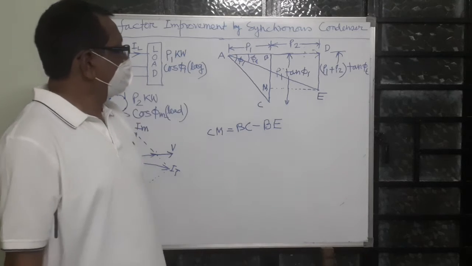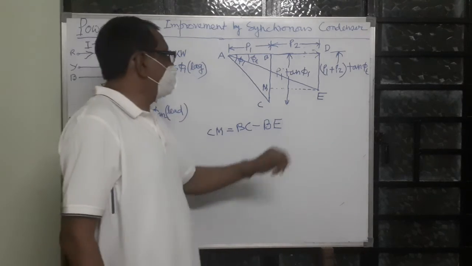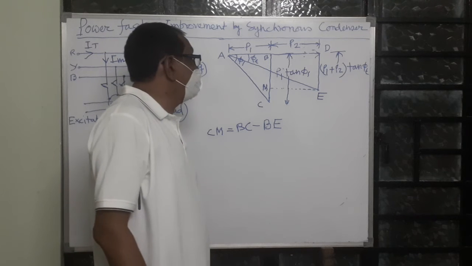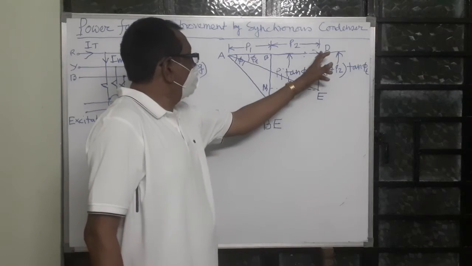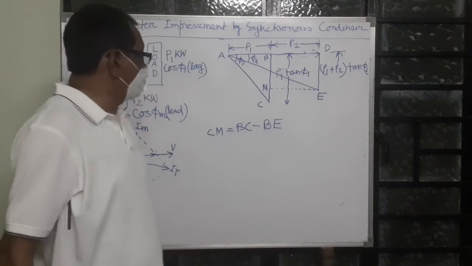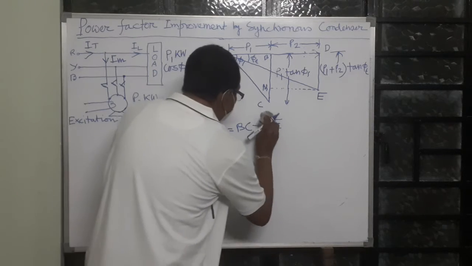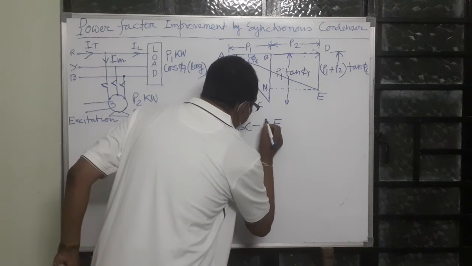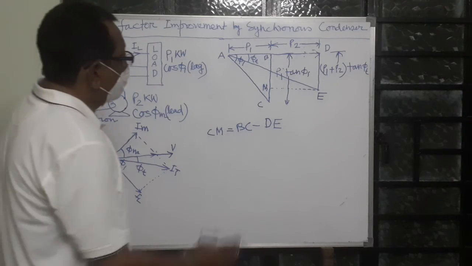BC is the reactive power of the load, and after connecting the synchronous machine, the net power factor is cos phi t, so the reactive power BE is equal to (P1 plus P2) tan phi t.